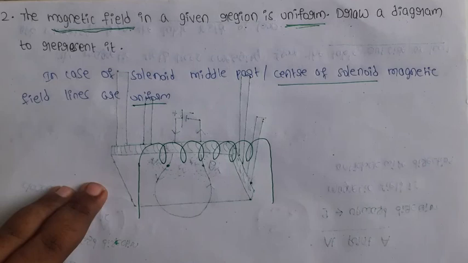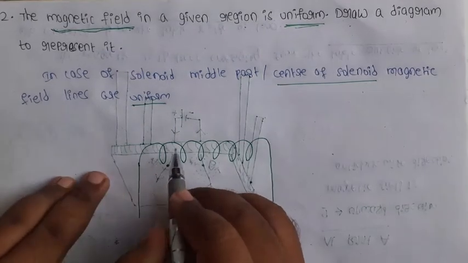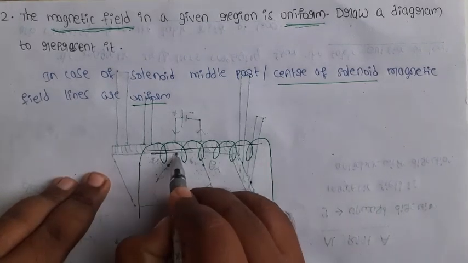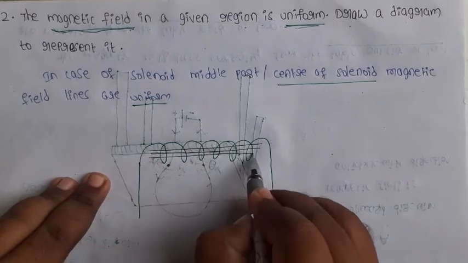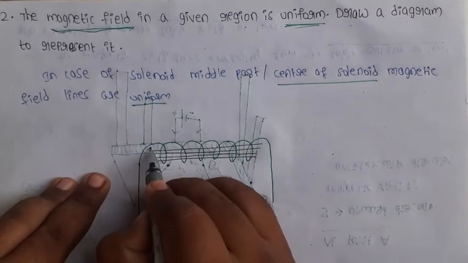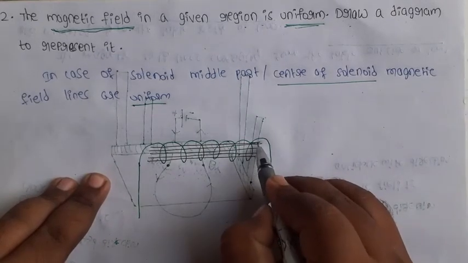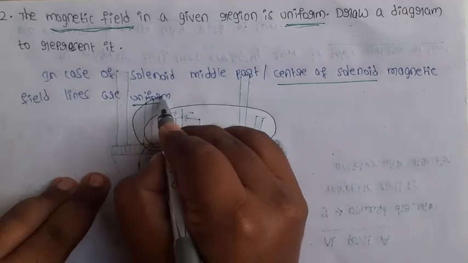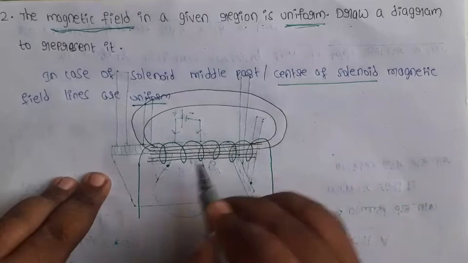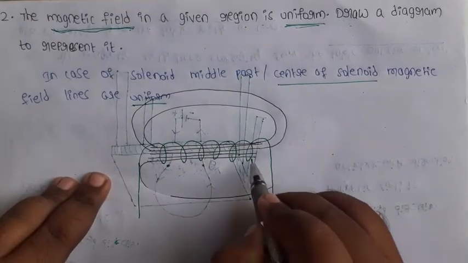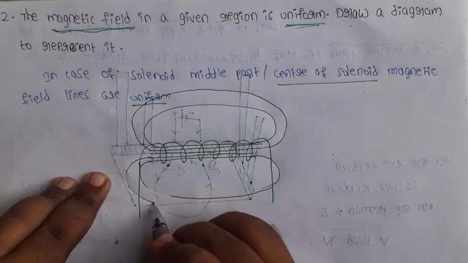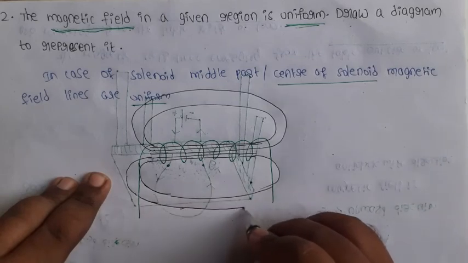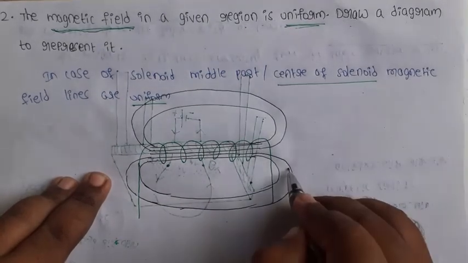This is the solenoid. What about the magnetic field directions? Inside the solenoid, uniform. These are the magnetic field lines outside of the solenoid. Okay.